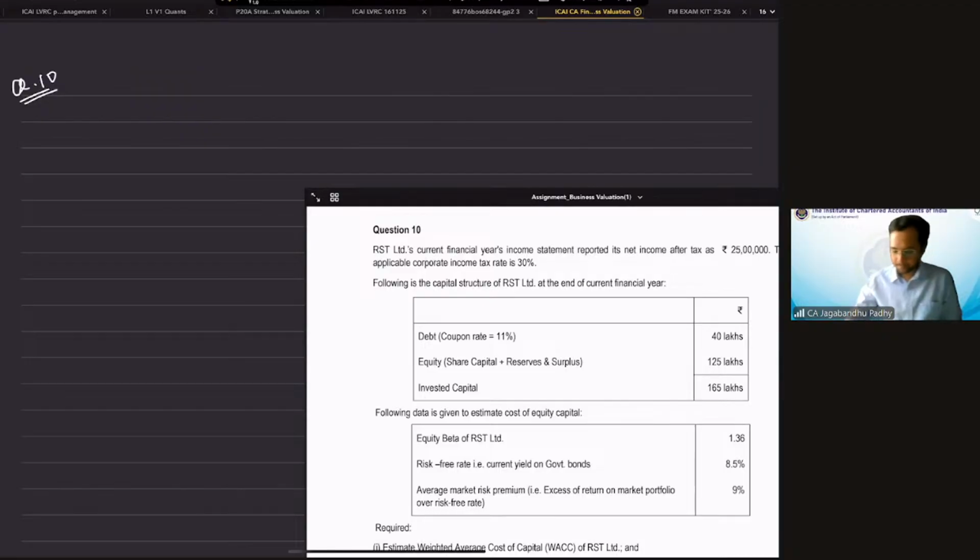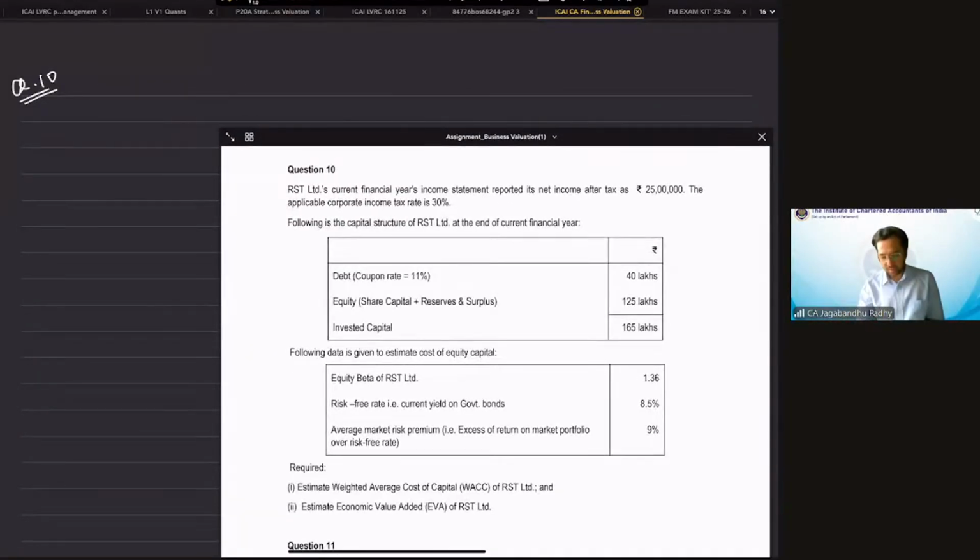Question 10. RST Limited's current financial year income statement reported its net income after tax as 25 lakhs. When you say net income after tax, we are talking of obviously the PAT figure, the profit after tax figure.